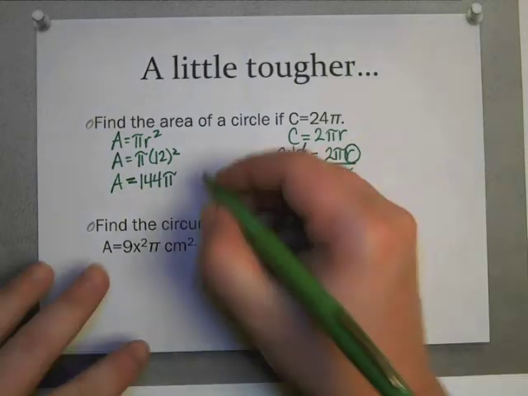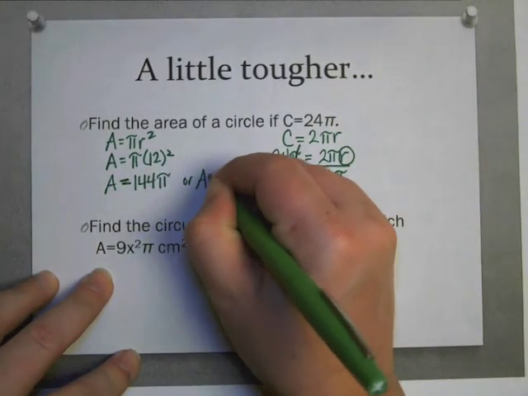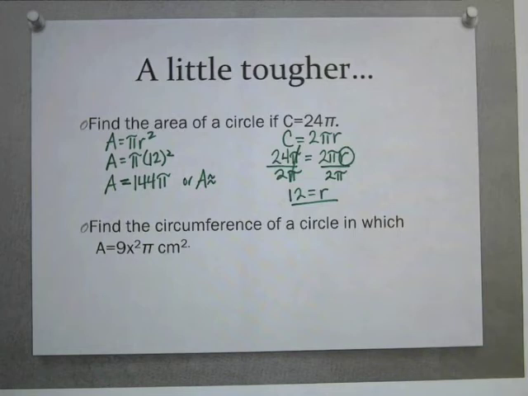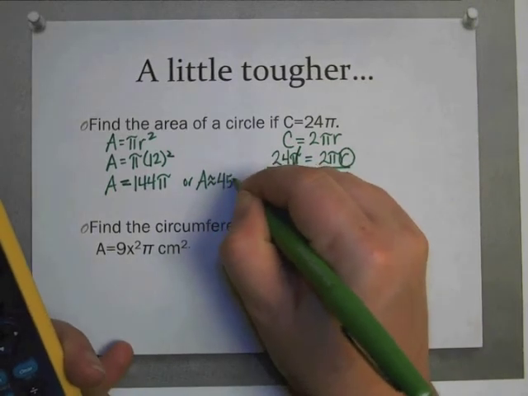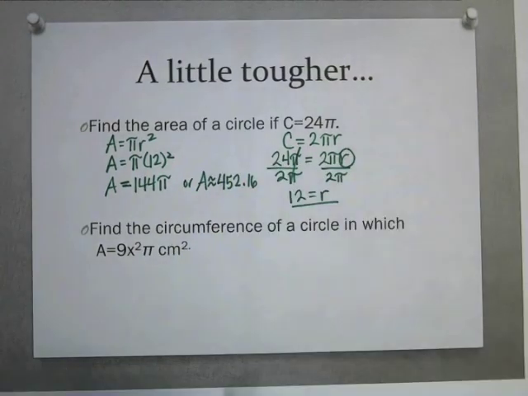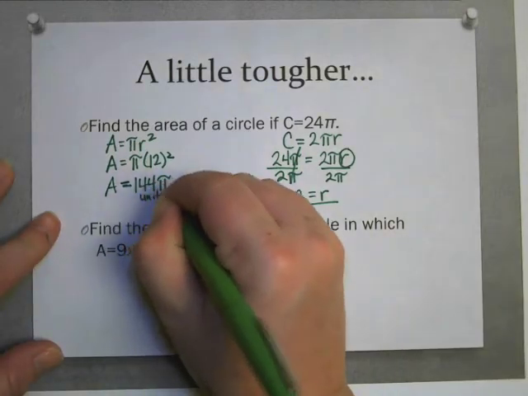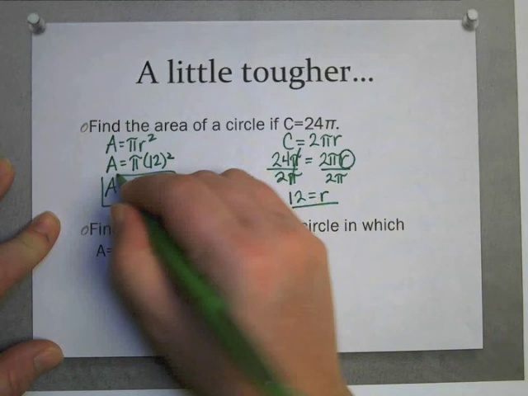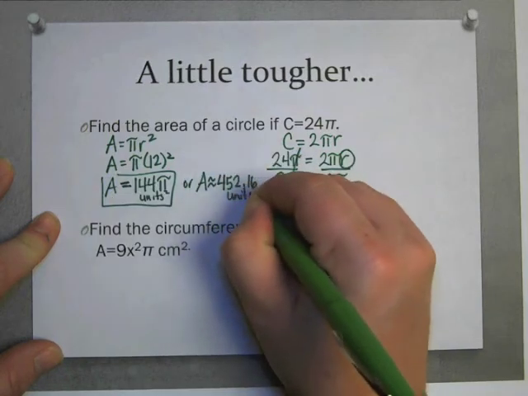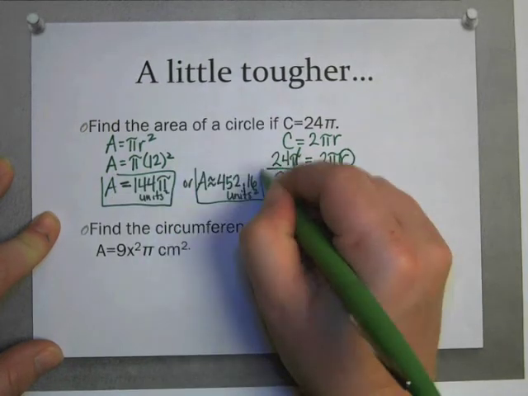If you wanted to do it approximately, I would accept that. We would need to take 144 times 3.14, which would give us approximately 452.16. I don't have the unit here, so I'm just going to write units squared.